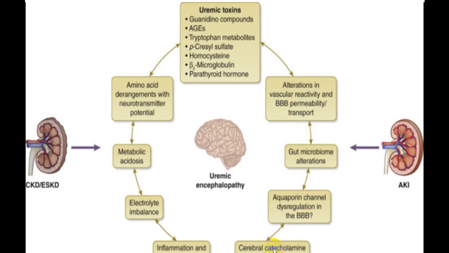There will be cerebral catecholamine derangements, inflammation and oxidative stress, electrolyte imbalance, metabolic acidosis, and amino acid derangement in neurotransmitter substances, and finally it will end up with uremic encephalopathy. It is more common in AKI and also in end-stage kidney disease, or what we call CKD, particularly stage 5. Very, very common.